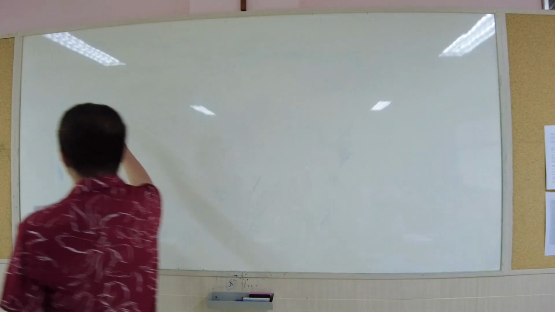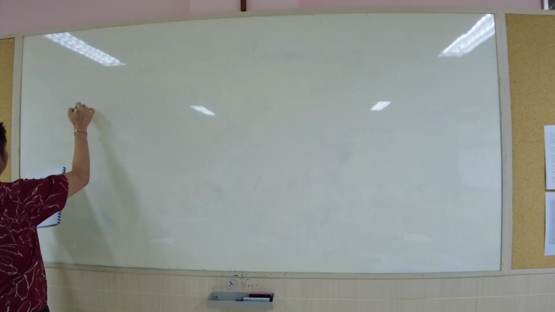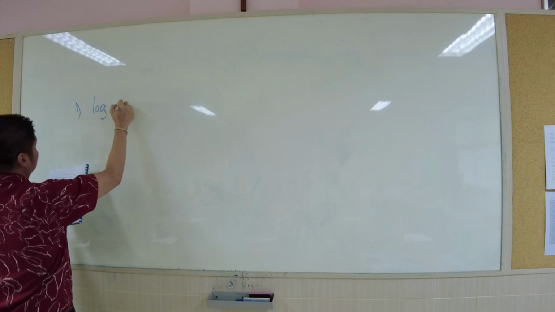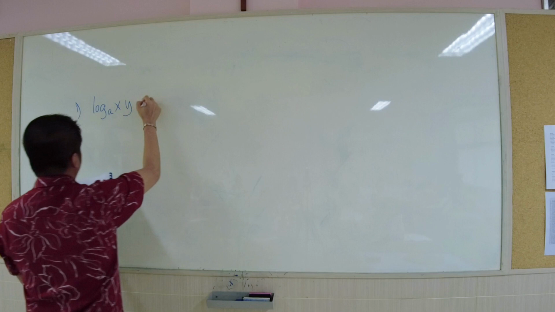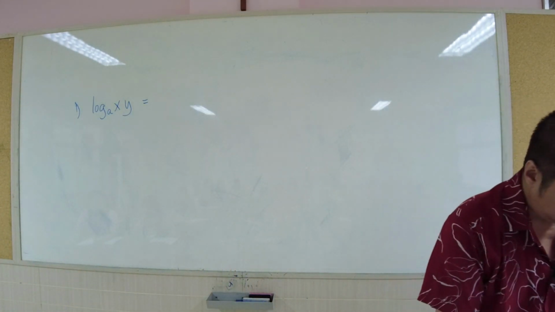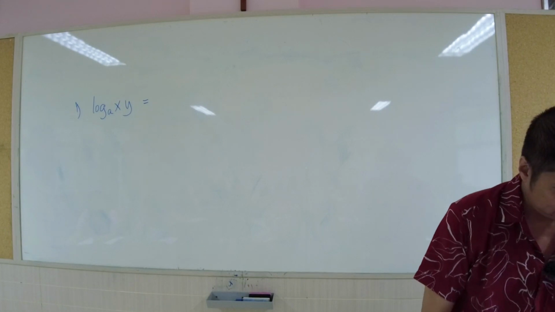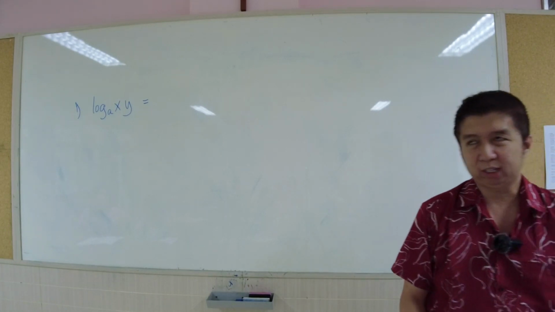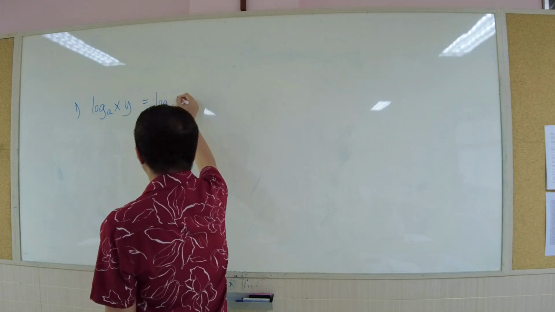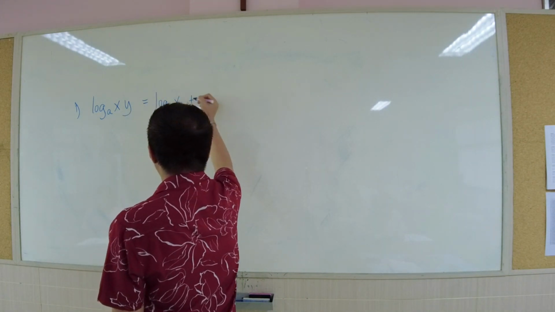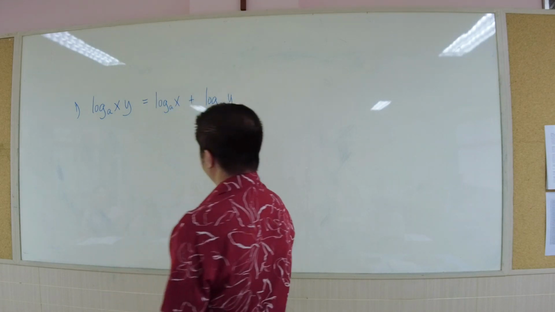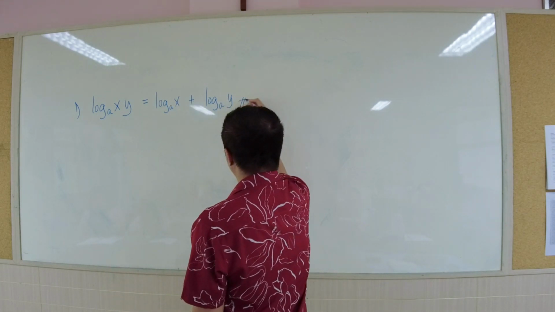For number 1, by applying the first law of logarithms, the multiplication, when you expand, is addition. So logarithm of x base a plus logarithm of y base a. And that's it.